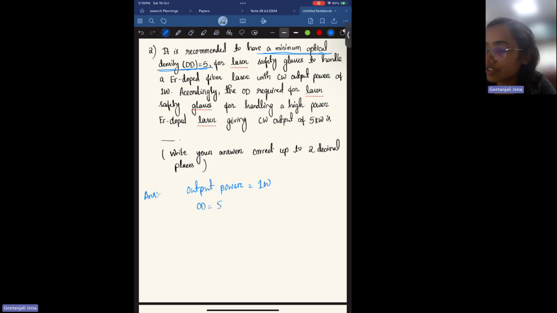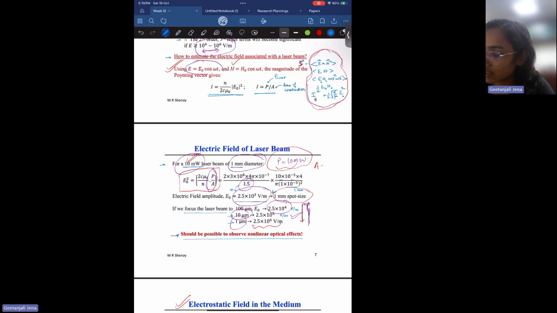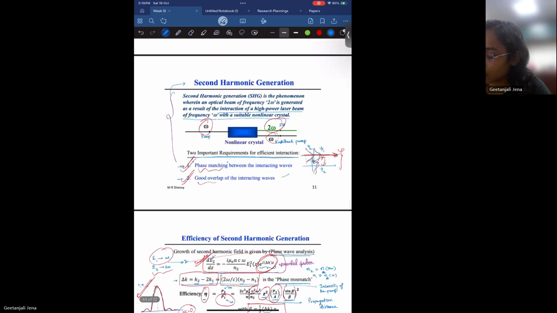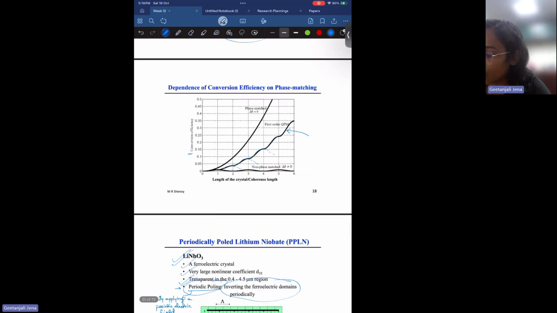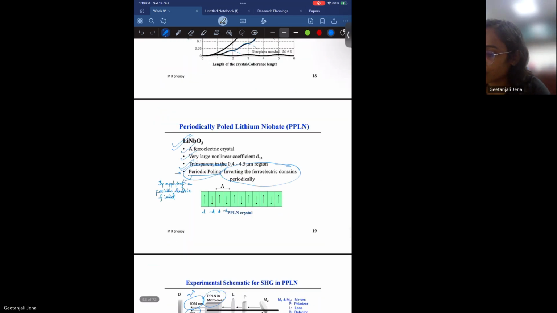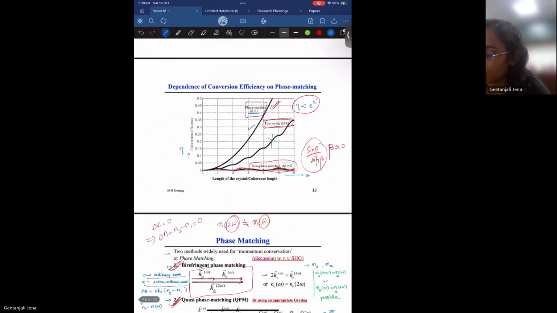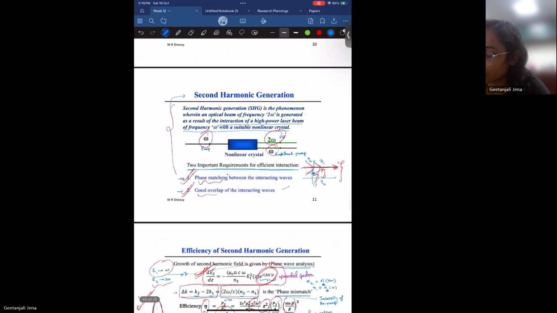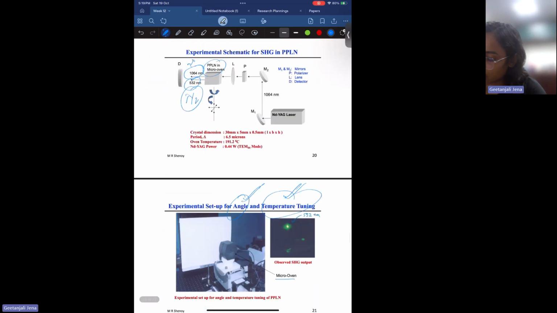So what is the relation between optical density and the output power? If you go through the slides, it will be OD equals 10 log P in by P out. So if I'm not wrong, that is the relation.